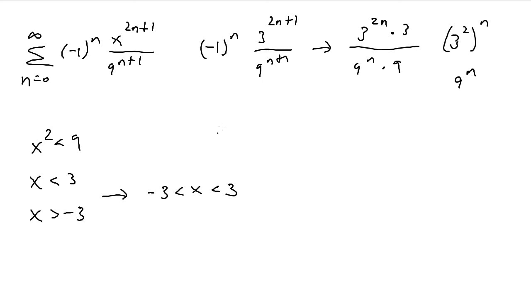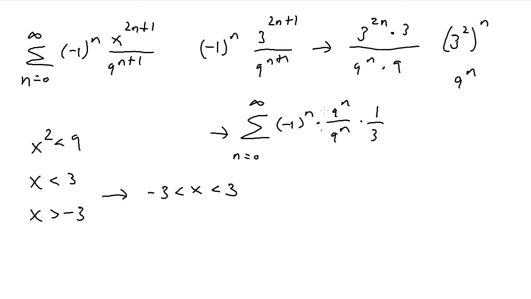And so we get the series from n equals 0 to infinity of negative 1 to the n times 9 to the n over 9 to the n times 3 over 9, which is obviously just 1/3.